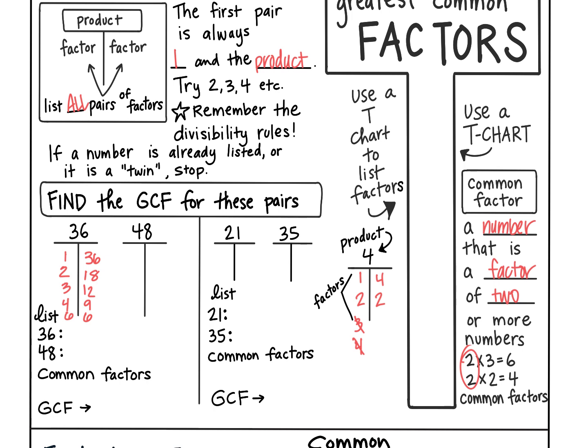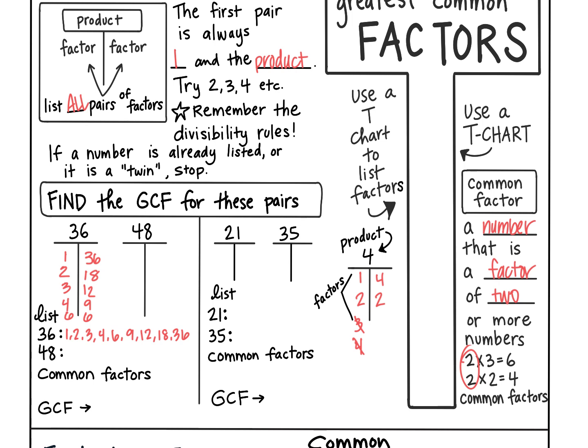Because if I were to keep going, 7 doesn't work, 8 doesn't work, and then I'm to 9, but I've already listed it, so it's looping back around again. So I'm going to list out all of the multiples, least to greatest. I have 1, 2, 3, 4, 6, 9, 12, 18, and 36.